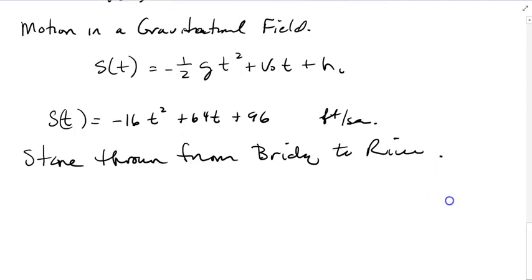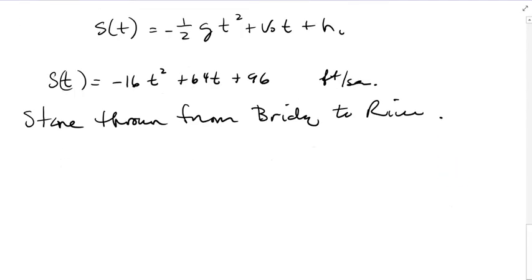Okay? That's what we got going on. So we can ask a couple questions related to that, but before we get started, let's go ahead and find our velocity function and our acceleration function because we will need them through solving these problems.